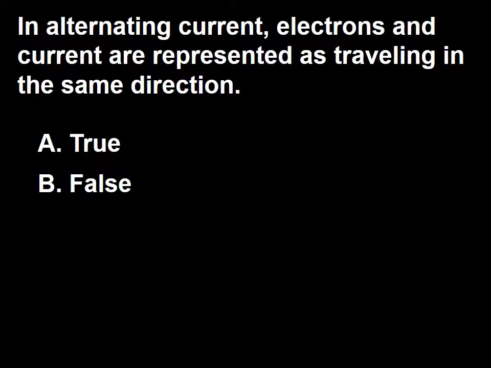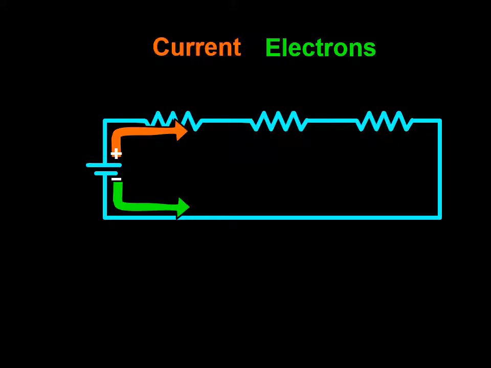Next question. In alternating current, electrons and current are represented as traveling in the same direction. A true, B false. As you recall, when talking about direct current, current is depicted as traveling in a clockwise direction, whereas electrons are depicted as traveling in the opposite direction.